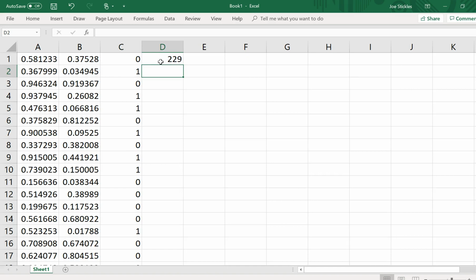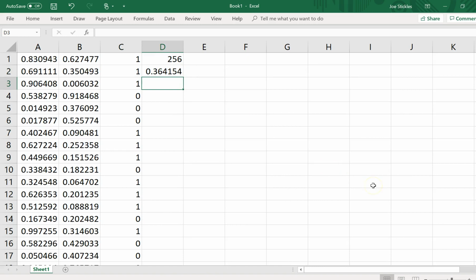Okay. So now what we did was we generated 703 random points. We calculated how many of them are underneath the curve. That should tell us an approximation for the area. So if I take this number of points and divide it by the total, which was 703, I get 0.36.